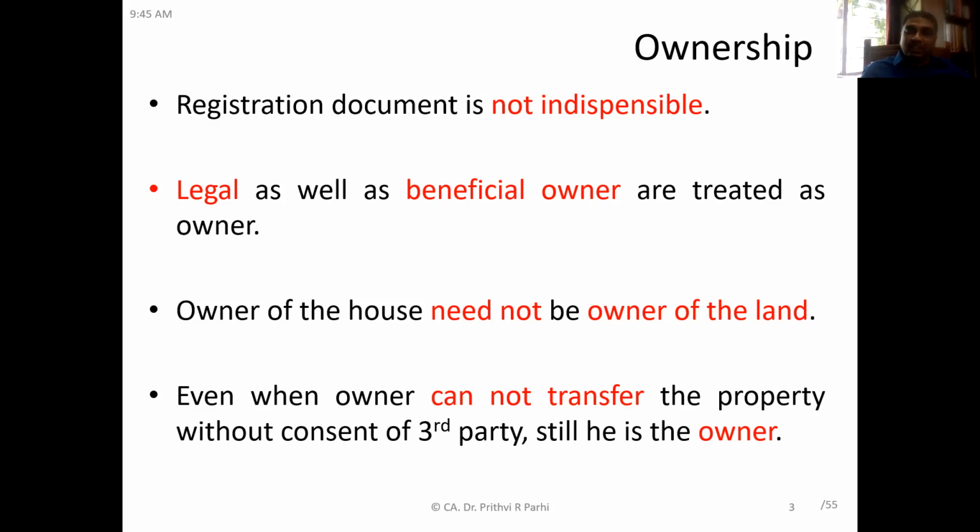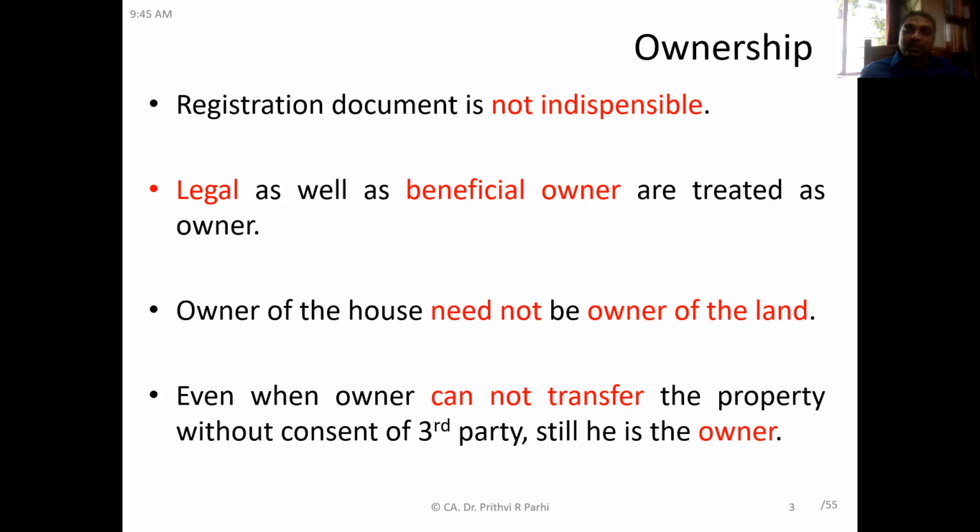That is true in many cities. The city development authorities put that condition. Let us say you can construct a building on this leasehold land, but if you want to sell, then our NOC is required. That means the owner cannot transfer the property without the consent of a third party. Understood the situation?